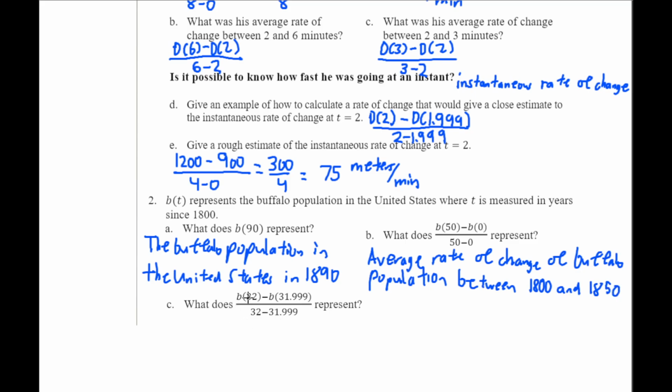So what does B of 32 minus B of 31.999 over 32 minus 31.999 represent? You see these 2 points they picked are really, really close to each other.